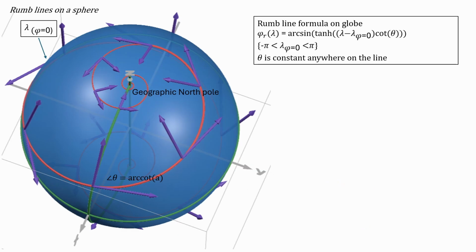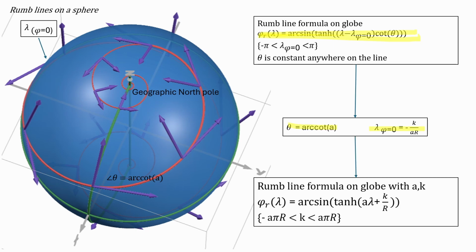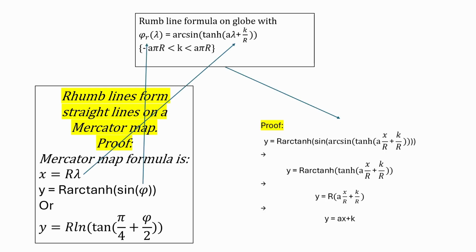Now that we have our rhumb line formula on the globe, which is a polar formula, we're going to do these substitutions to get a rhumb line formula that is still polar, but it depends on A and K. By changing our rhumb line formula to depend on A and K, we can prove that the Mercator map projection always has rhumb lines as linear functions by doing these substitutions.